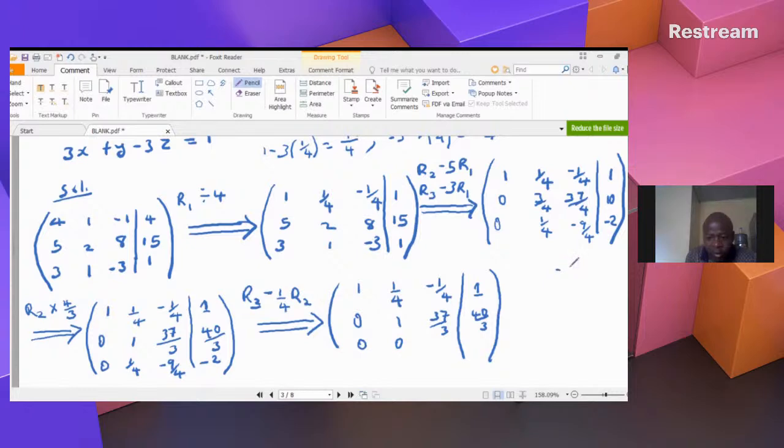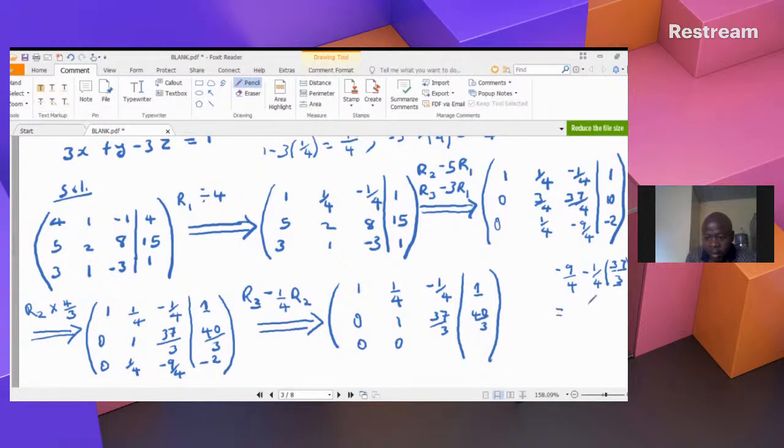The element in row 3 is negative 9 out of 4, then minus a quarter multiplied by the element in row 2, and the element in row 2 is 7 out of 3.